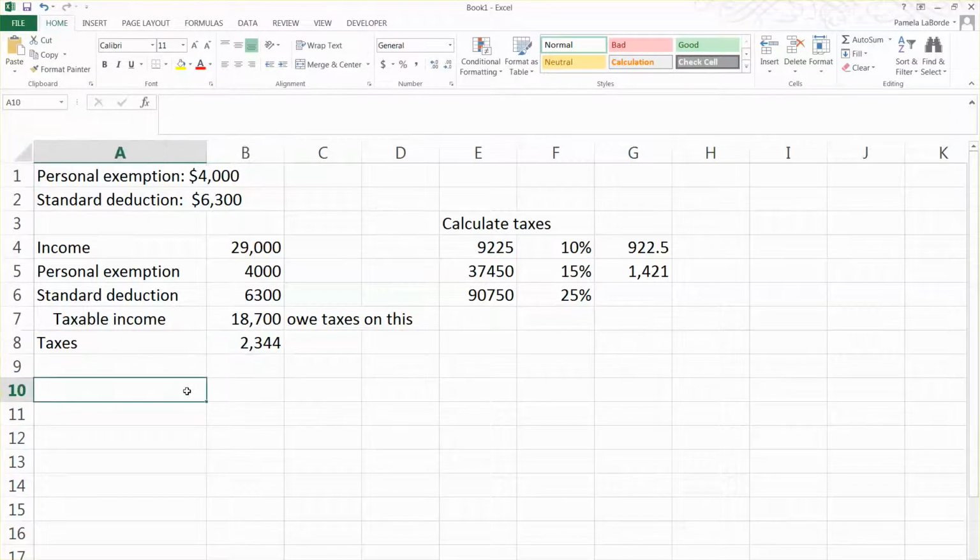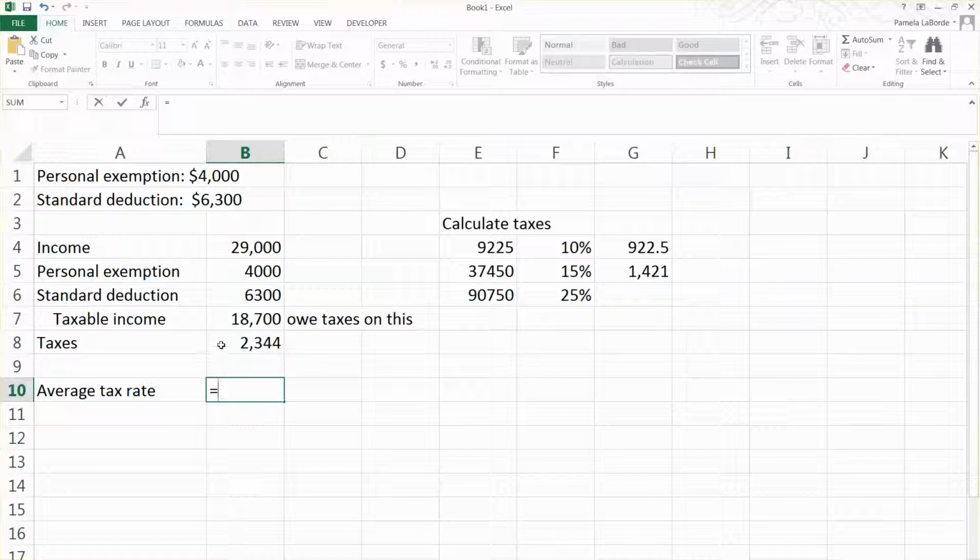Another thing that's interesting to note is your average tax rate. That is equal to your taxes that you pay divided by your income that you generated. So because of the personal exemption and the standard deduction, you didn't owe taxes on $10,300 that you earned.